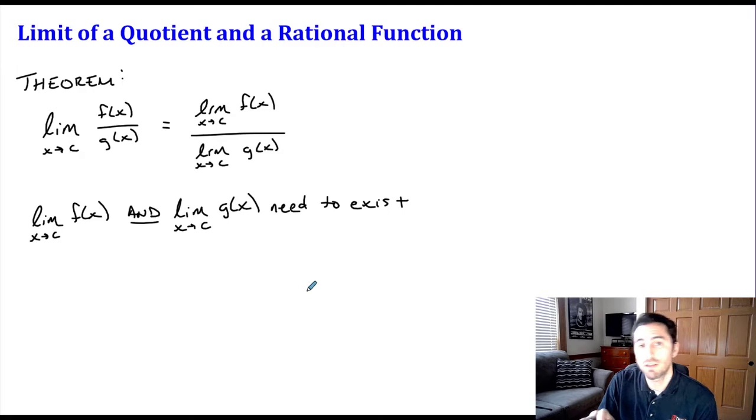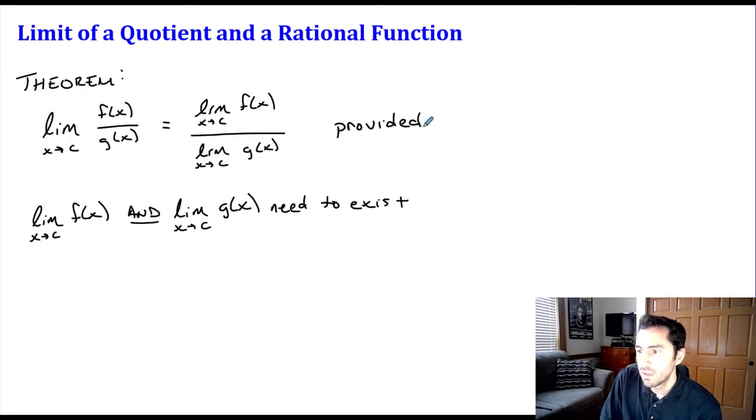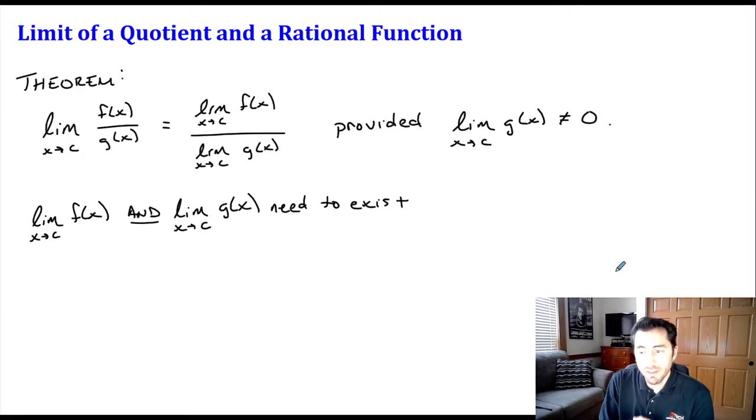But there is one extra thing. Because we have division, this limit in the denominator, so as x is approaching c, this limit cannot be approaching 0. So as a note, provided the limit as x approaches c of g of x cannot be 0, then we can use this property to evaluate.